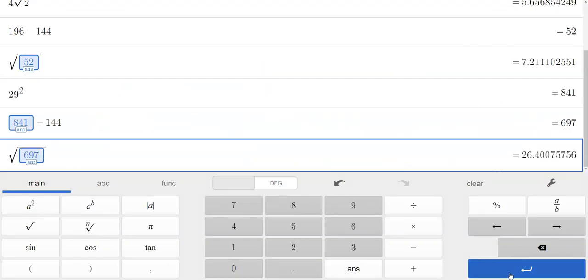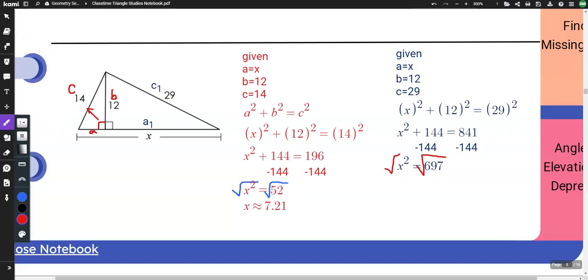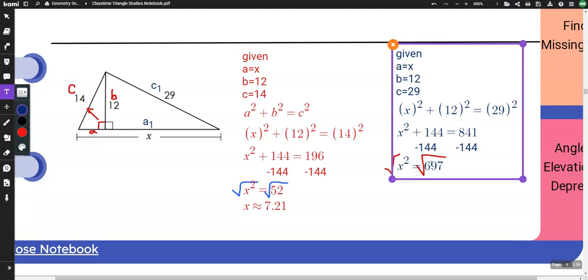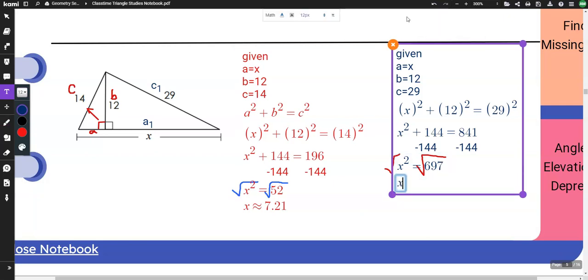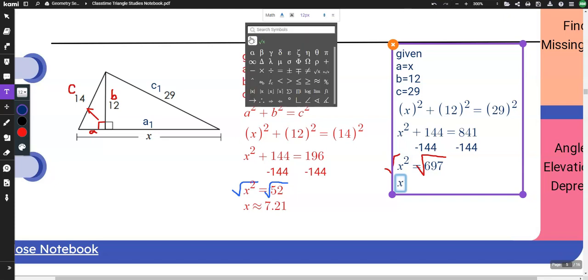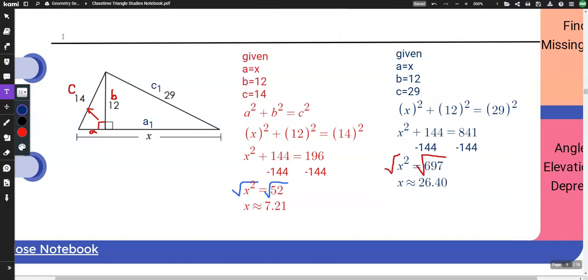We get about 26.40. Because I'm rounding to the nearest hundredths here, that's why I'm adding the 0 there. So x is approximately 26.40. We're going to add these two numbers together.